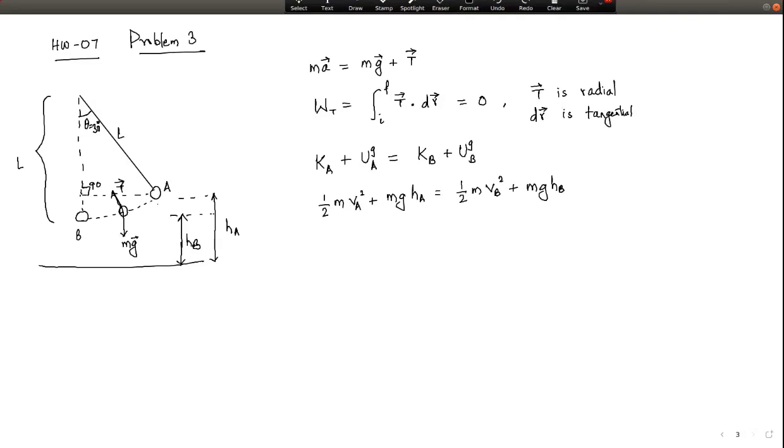The mass cancels out. v_A starts from rest, so that's equal to zero. So we obtain that the velocity at point B is equal to the square root of 2 times g times (h_A minus h_B). Very similar to the earlier problem again.